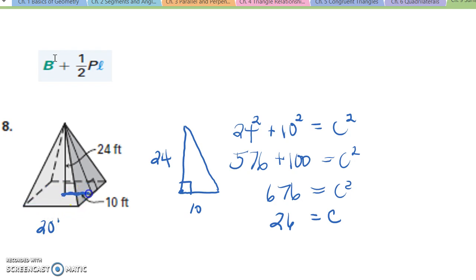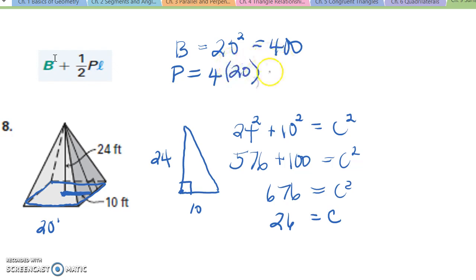Again, since this segment starts in the middle and goes to the edge, it's halfway across the square. So we have a square that's 20 by 20. So the area of the base is side squared, or 400. And the perimeter of the base, remember it's a square, it has 4 sides. We're trying to find the perimeter, which is the distance around that square. So each side is 20 feet, and 4 times 20 is 80.